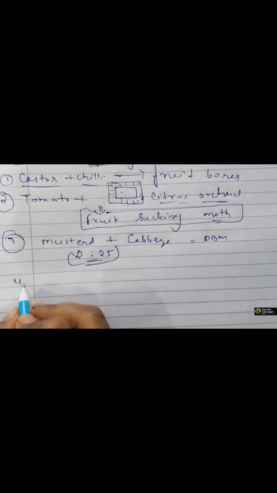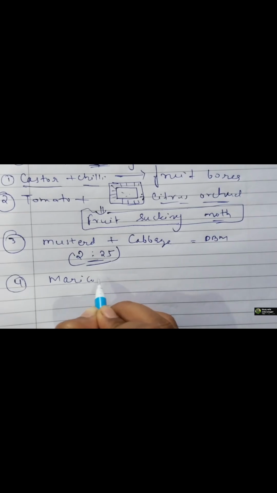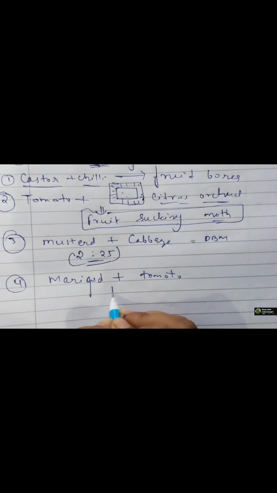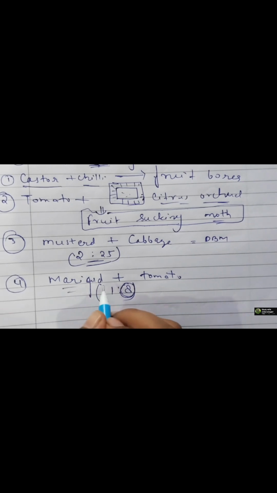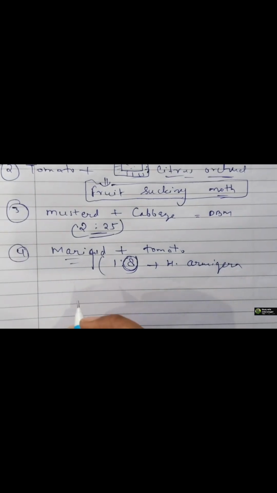Then the fourth most important is marigold plus tomato. Its ratio is 1:8. After every 8 rows of tomato we have to plant marigold, so that it can attract Helicoverpa armigera. So this is very important.